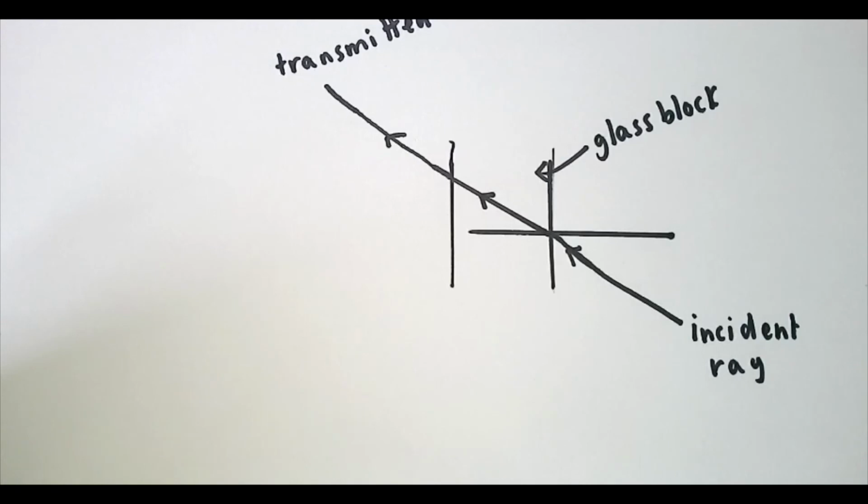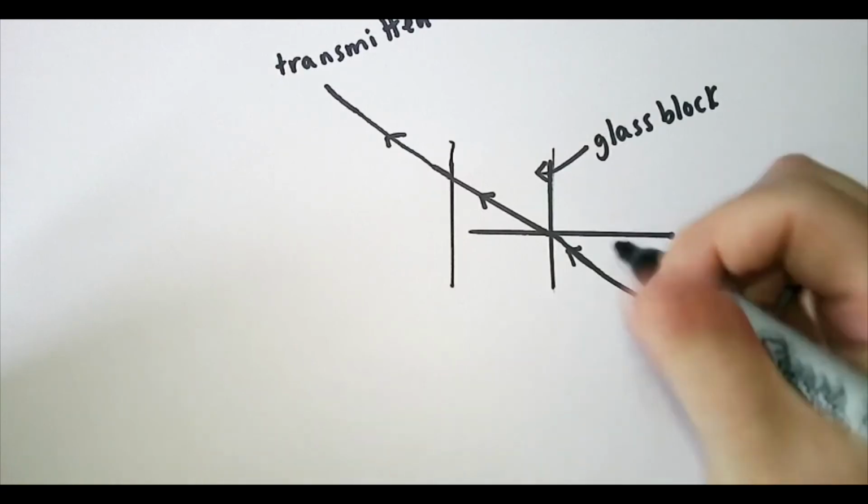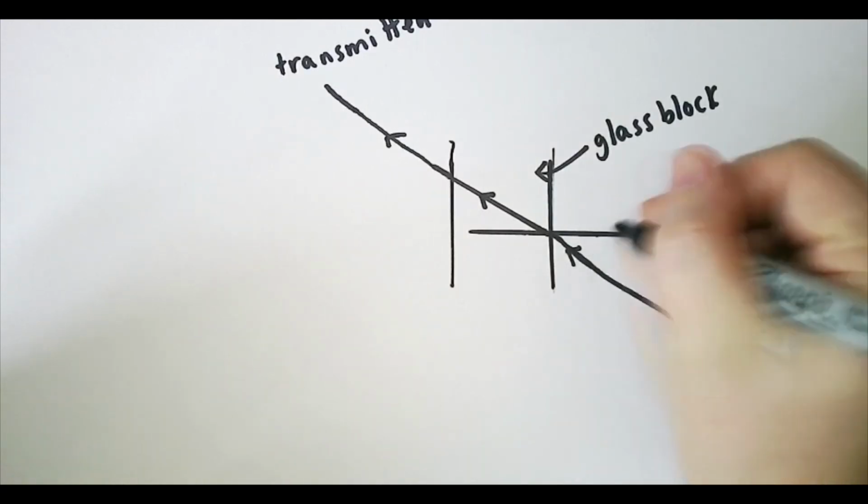And now we can use our protractor to measure our incident angle and our refracted angle. Now, we want to make sure that we're always measuring from the normal line to our ray. So our incident angle is going to be this angle. This is our normal, remember?